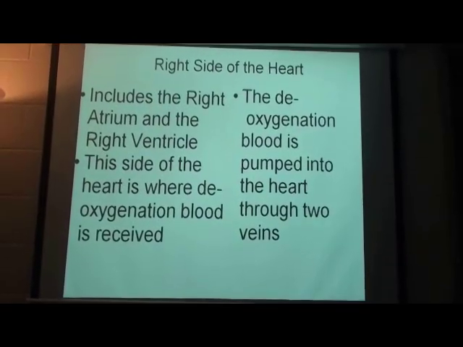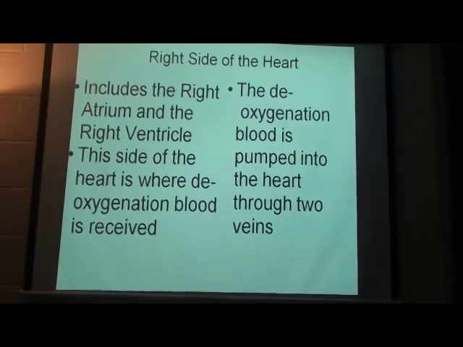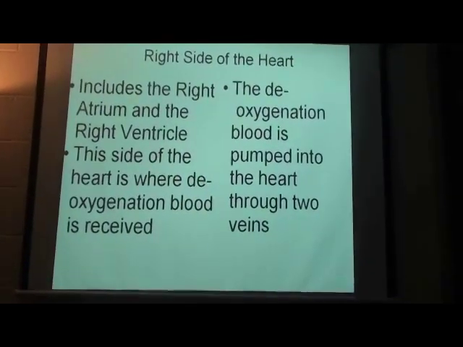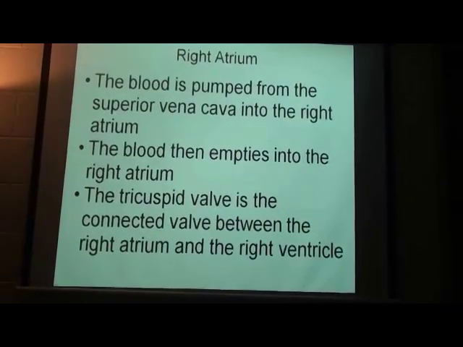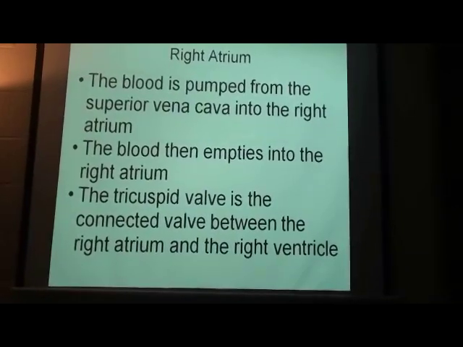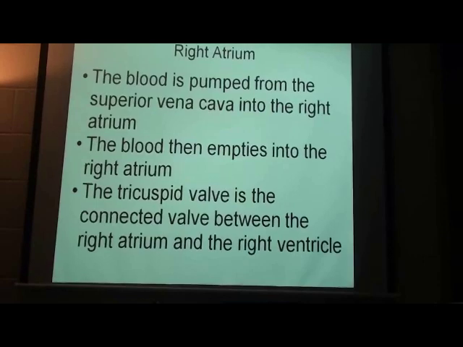The right side of the heart includes the right atrium and right ventricle. This side of the heart is where the deoxygenated blood is received. The deoxygenated blood is pumped into the heart through two veins. The blood is then pumped from the superior vena cava into the right atrium.